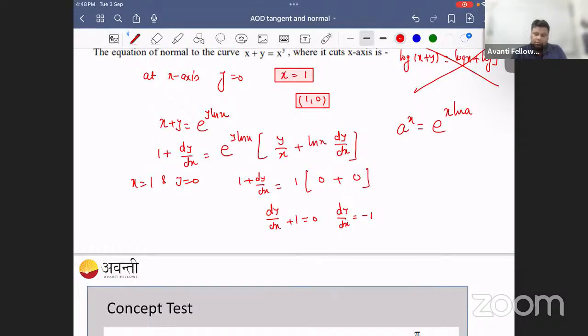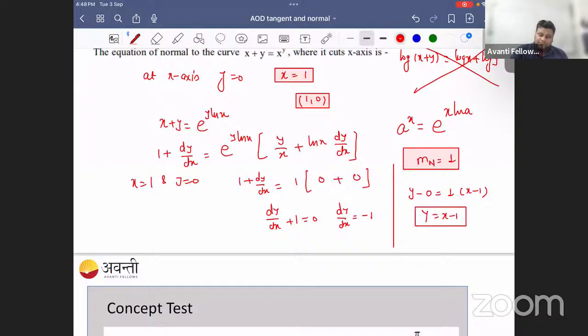Got it? So this is the slope of the tangent. So the slope of the normal will be plus 1. Now the equation of normal will be y minus y1, which is 0, equals slope 1 into x minus 1. So y equals x minus 1 is your answer. Am I clear, everybody?